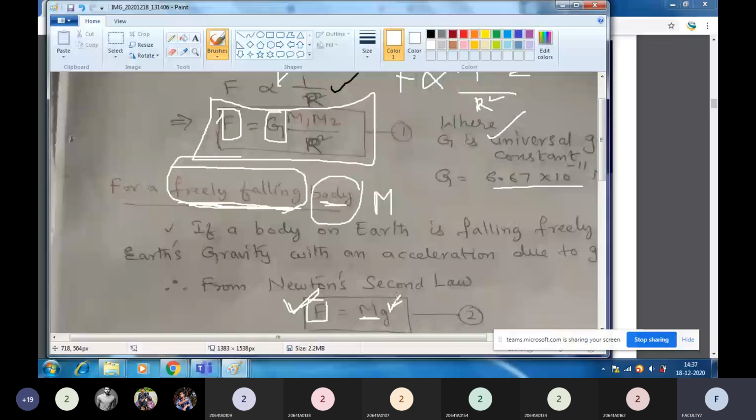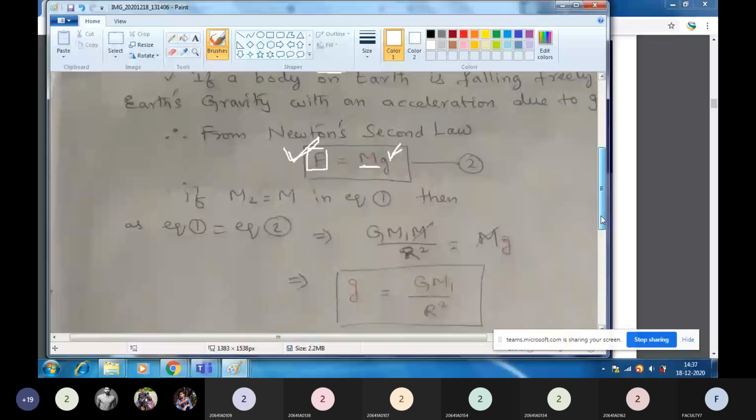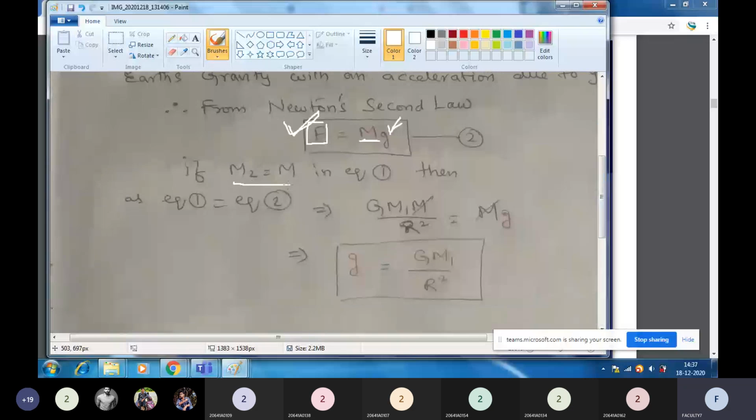That's why you will take the short consideration here. You will consider the second mass as m and substitute it in the first equation. This part is the first equation, and this part is the second equation.